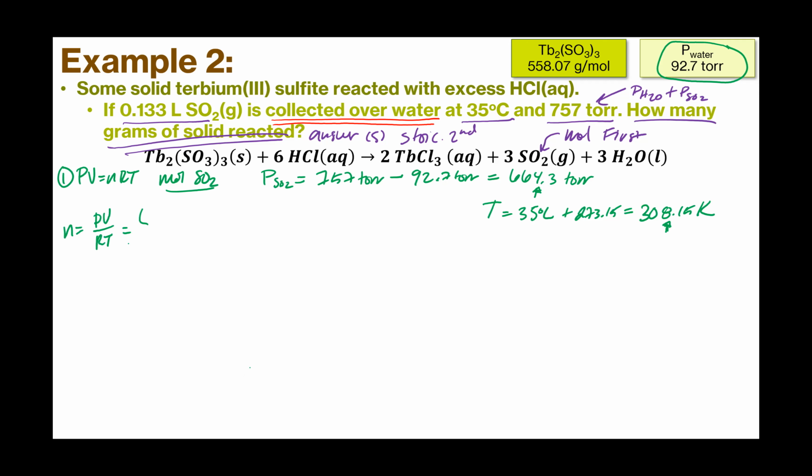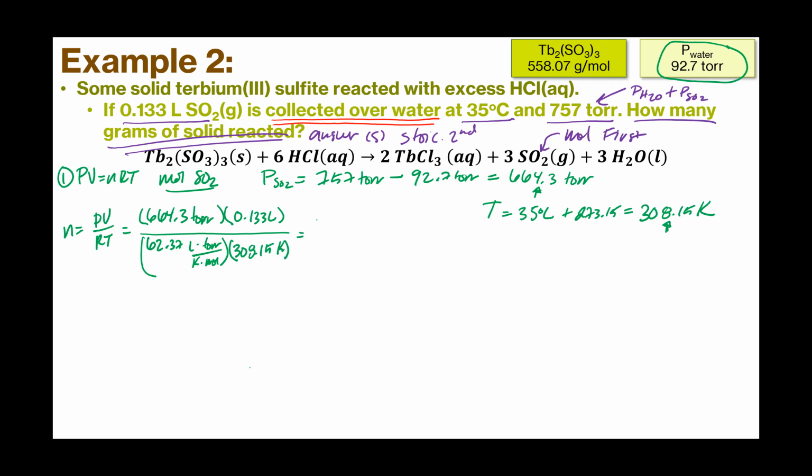We feel like we've done this a million times. I hope so, because we need to practice. This will be good for us. Pressure is 664.3 torr, volume is 0.133 liters. That was given to us in the problem. The R here, we're using torr, so this is 62.37 liter torr per kelvin mole. And then the temperature is 308.15 Kelvin.